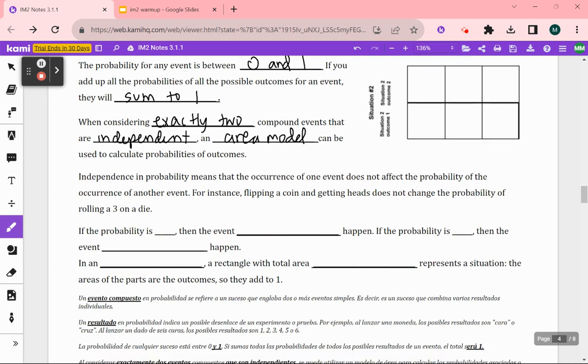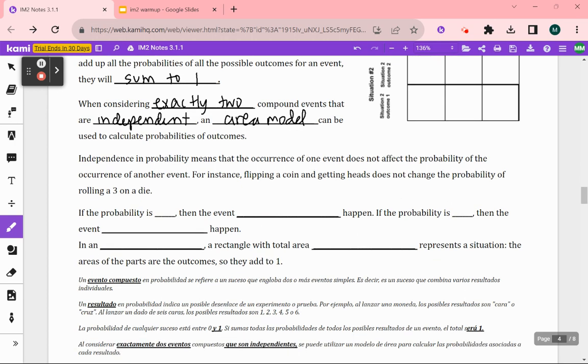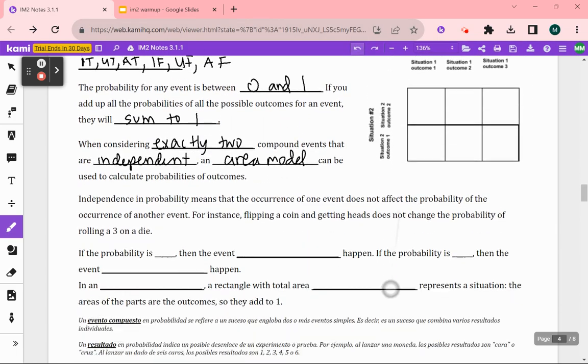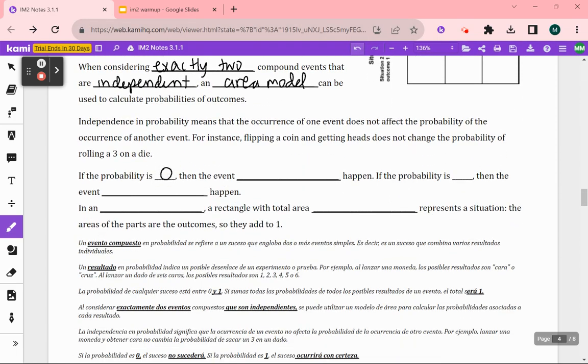If the probability is 0, then the event will not happen.